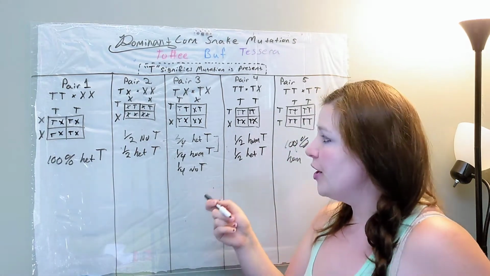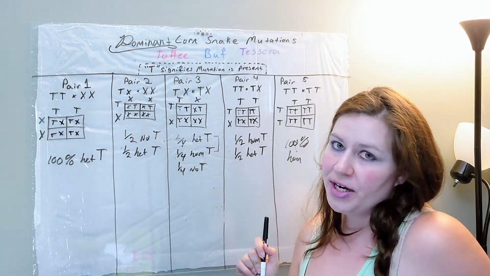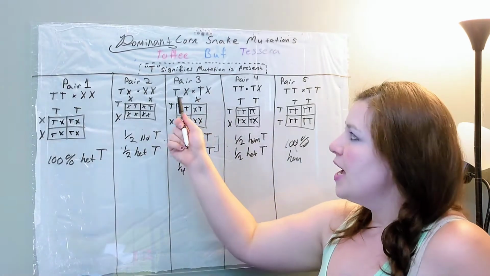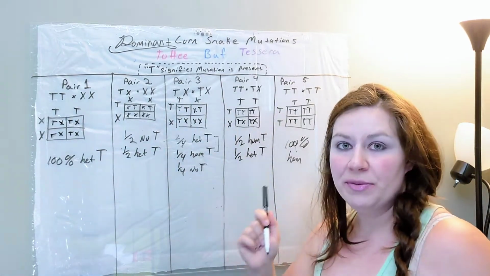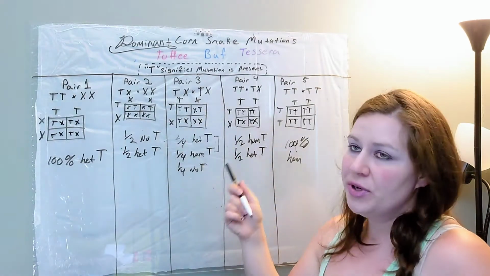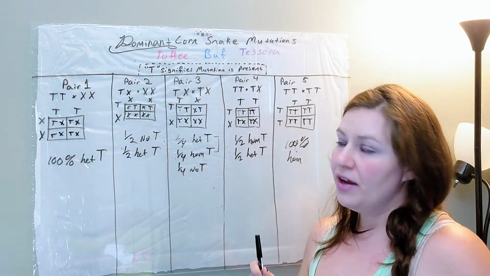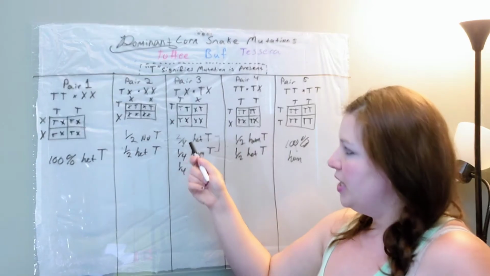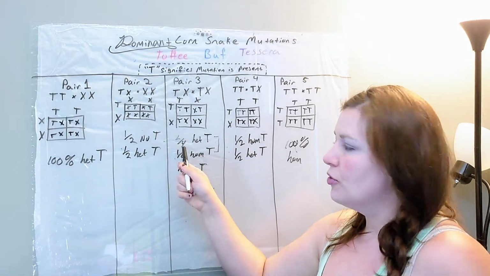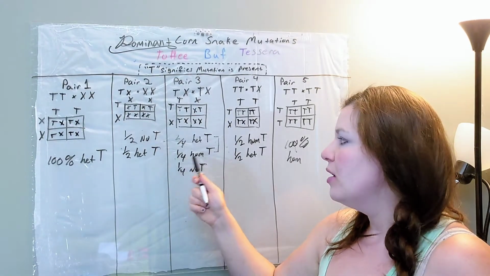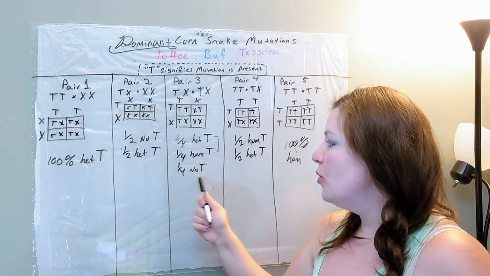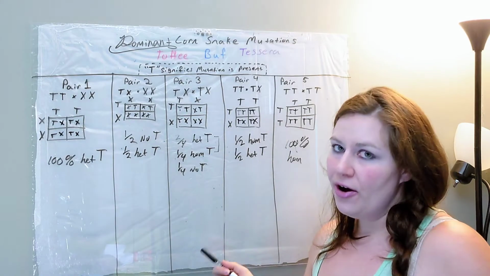We're going to go on to pair 3 here, and pair 3 is where it gets kind of interesting. So here we have a het tessera to a het tessera, which again are going to be visual tesseras with tessera on one side and not tessera on the other side. And what we get here is 2/4 or half het tesseras, 1/4 homozygous tessera, and 1/4 no tessera at all.